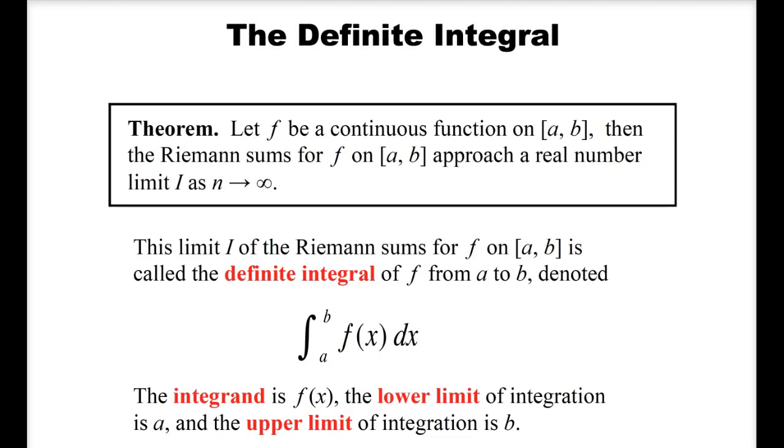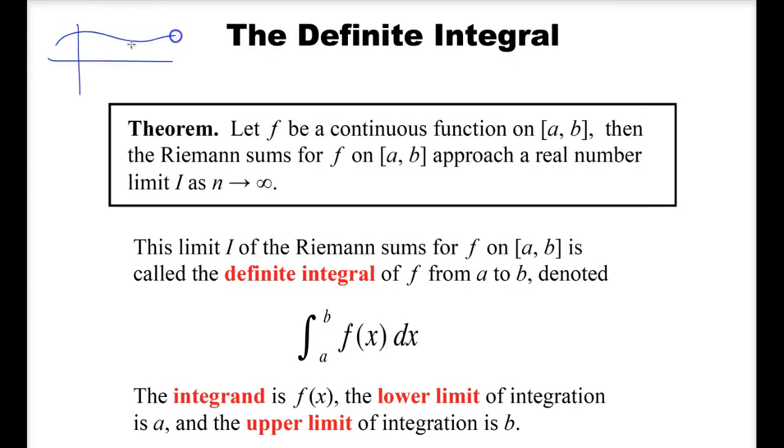If we have a function that does not have any breaks, holes, gaps, vertical asymptotes, jump discontinuities, anything like that over some closed interval, then when we say the Riemann sums, we're saying the sum of the finite areas under the curve. Let me go ahead and draw something right quick.